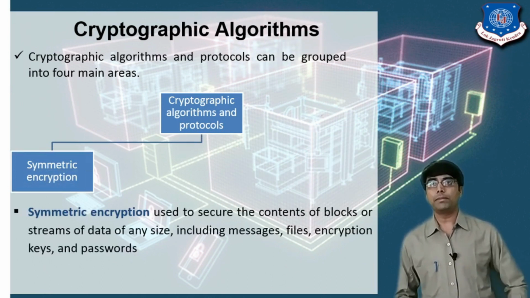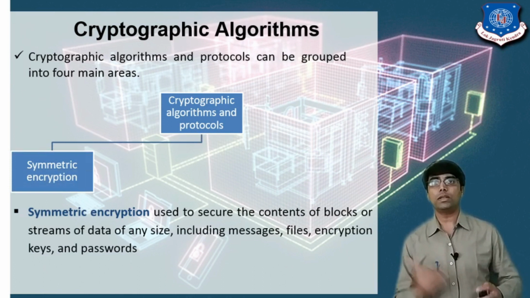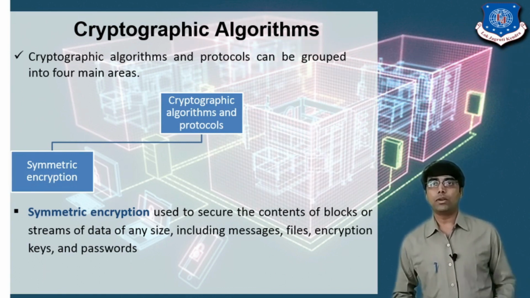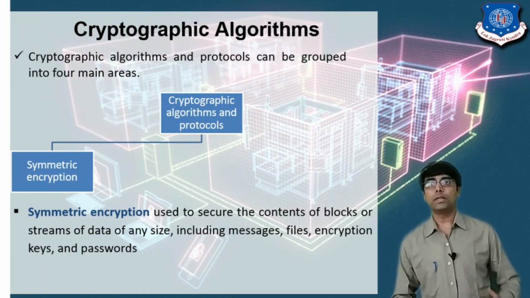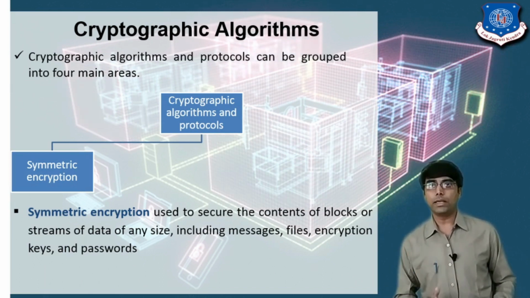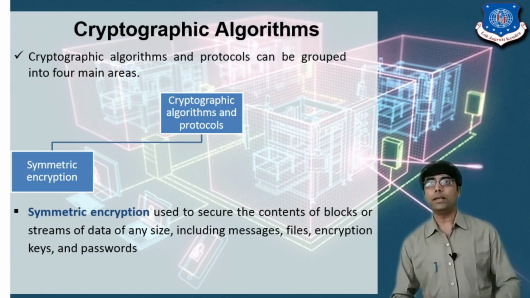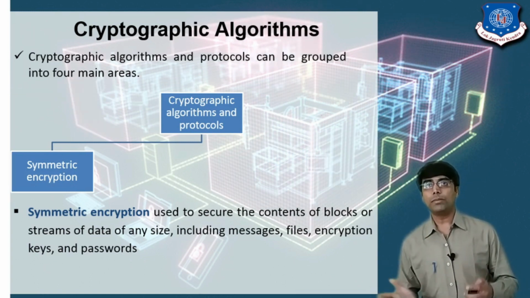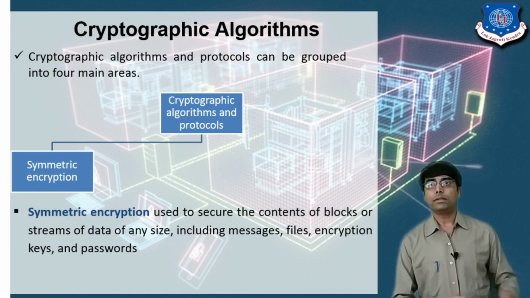Symmetric encryption is used to secure the content of a block or stream of data of any size, including messages, files, encryption keys and passwords. In symmetric encryption, we use one key, the secret key, for encryption and decryption, and this secret key is shared with both the sender and the receiver.